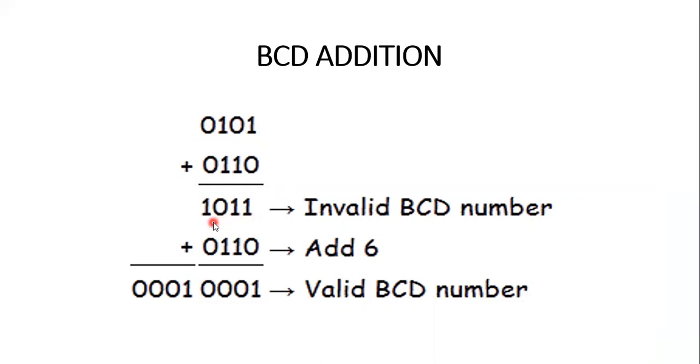BCD ranges from 0 to 9, that is 1001. So this is not a BCD. Hence we add 6, that is the binary 6, 0110. Therefore 1 plus 0 is 1, 1 plus 1 is 0, carry 1, 1 plus 1 is 0, carry 1, 1 plus 1 is 0, carry 1. We put the carry here.